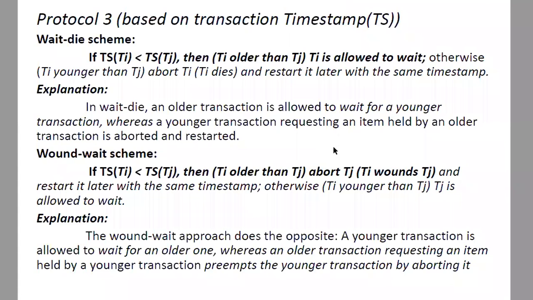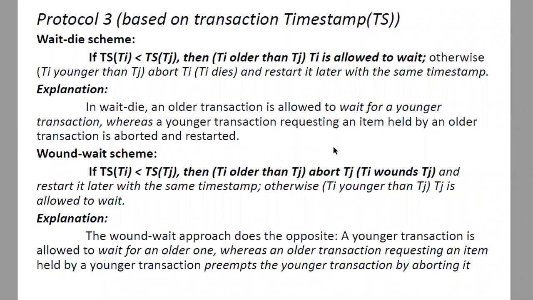The first one, 9:01, will be the older, and 9:02 will be the younger. We are going to use this idea in both cases. The transaction which started first becomes the older, and the transaction which started latest, or most recently, becomes the younger.